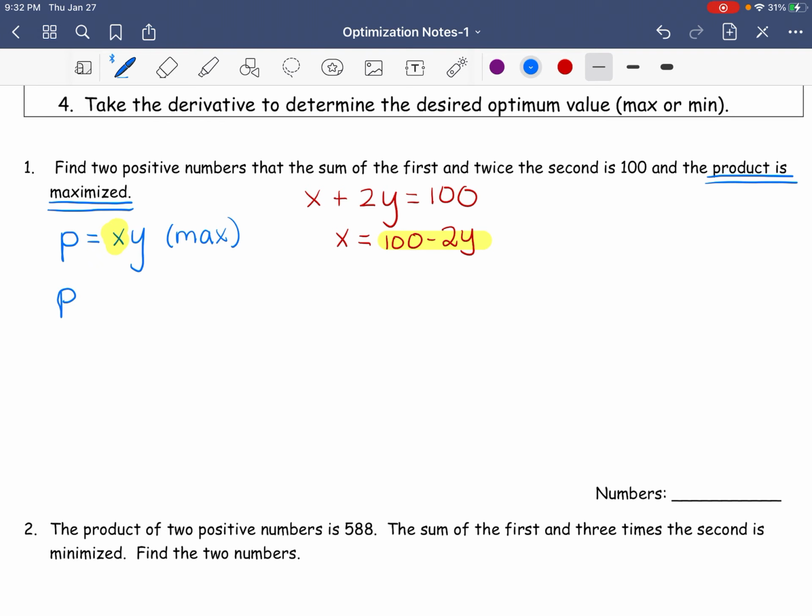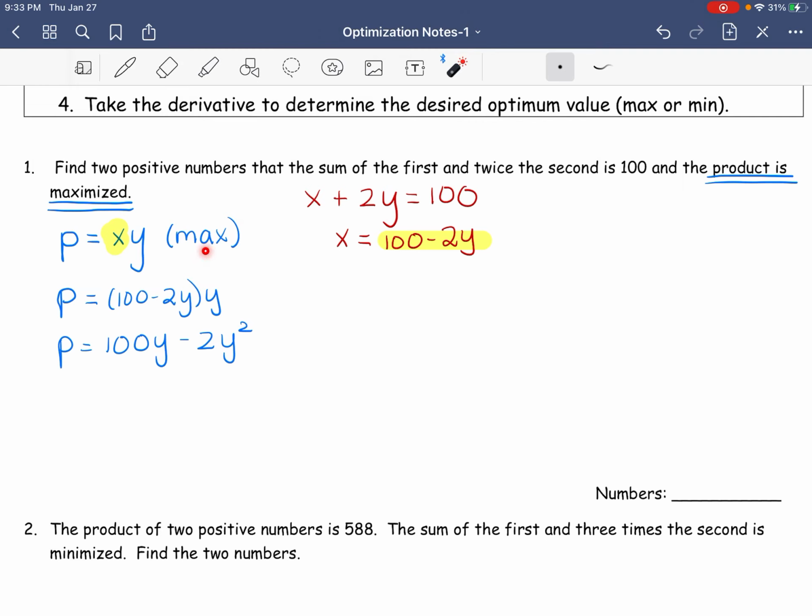P, which is product, equals 100 minus 2y times y. That equation already looks better to me because there's only y. I am going to distribute this y before I take the derivative. So P equals 100y minus 2y squared.